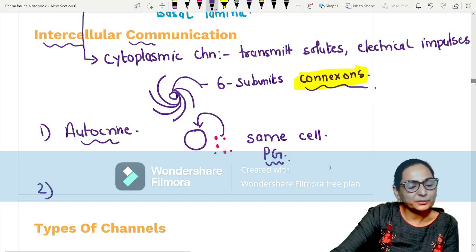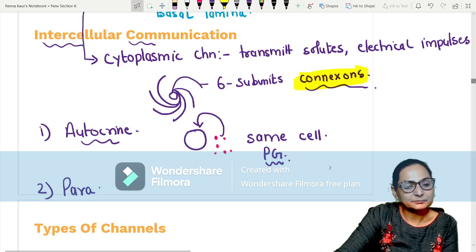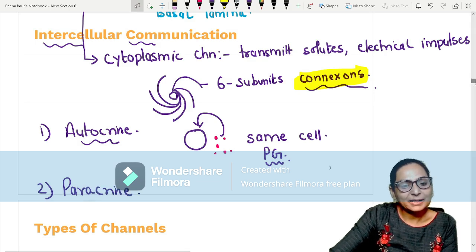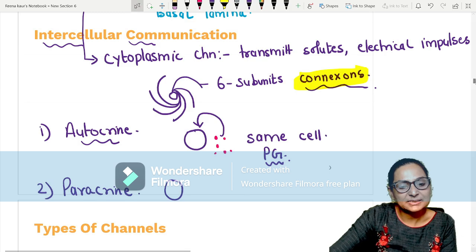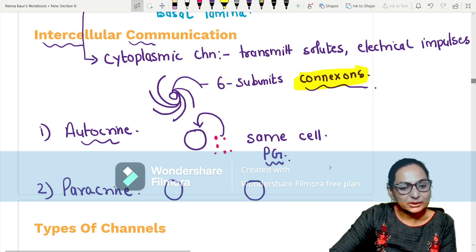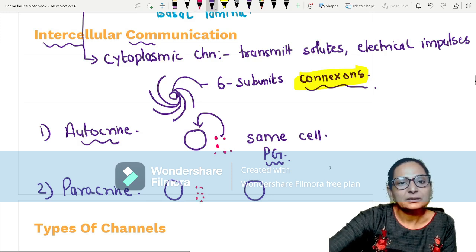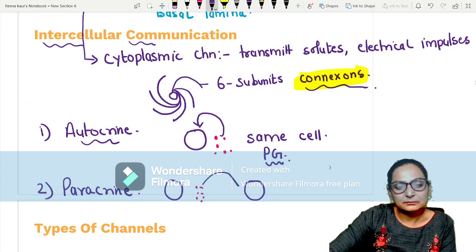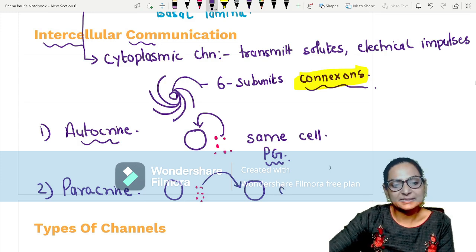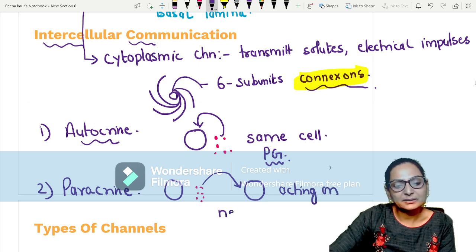Second important which you should know is paracrine. Paracrine means, suppose this is one cell, this is another cell. So this cell is secreting and this is acting on the neighboring cell.